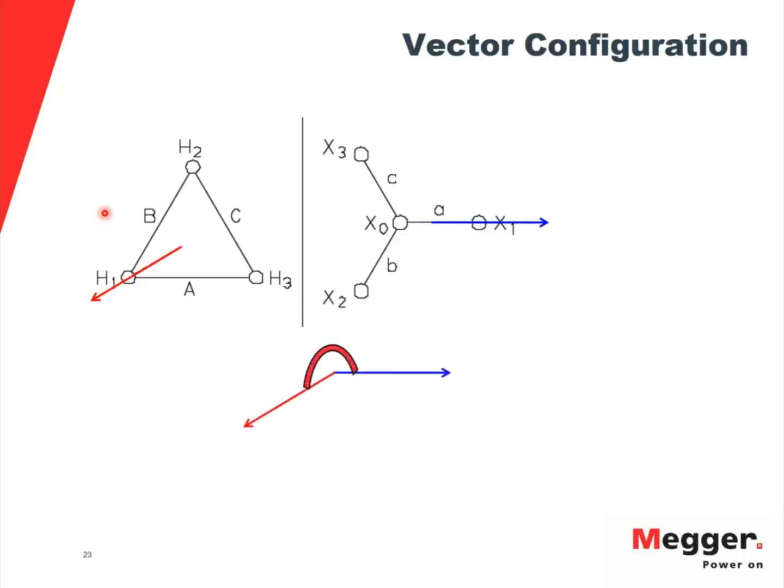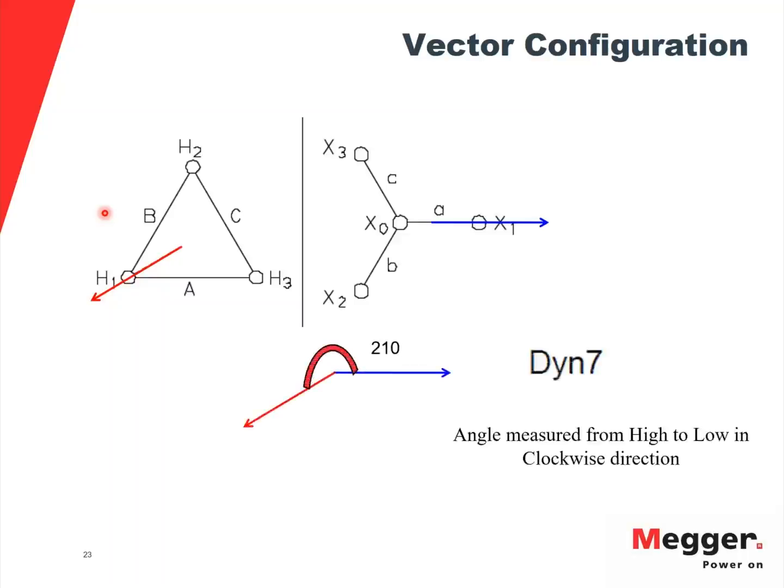And then what you'll see is a number. So it'll be Dyn1 or Dyn5 or Dyn7. So what that number means is basically how many degrees from that vector going from that X0 to X1 leg there, how many degrees to that phase reference on the primary side.